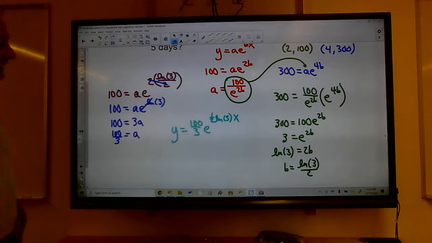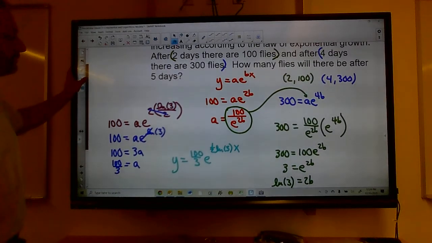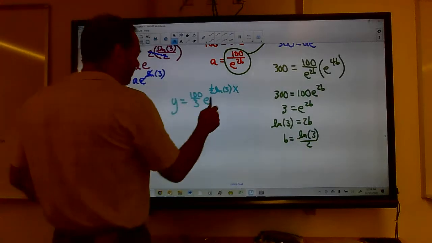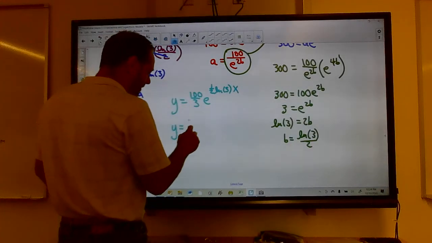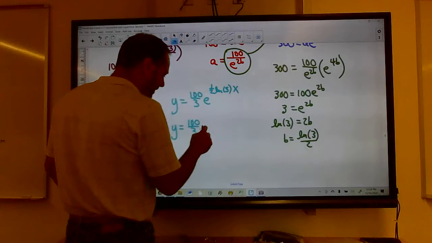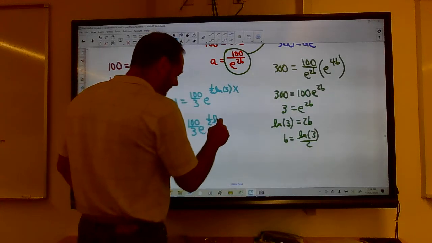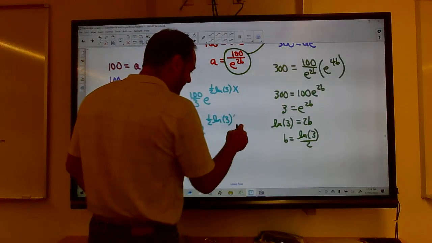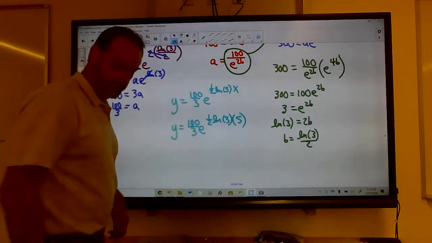All right, now I just got to know x, and I can solve my equation. So how many flies will there be after 5 days? I just plug in 5 for x. So y is going to be 100 over 3 e to the 1/2 natural log of 3 times 5 power.